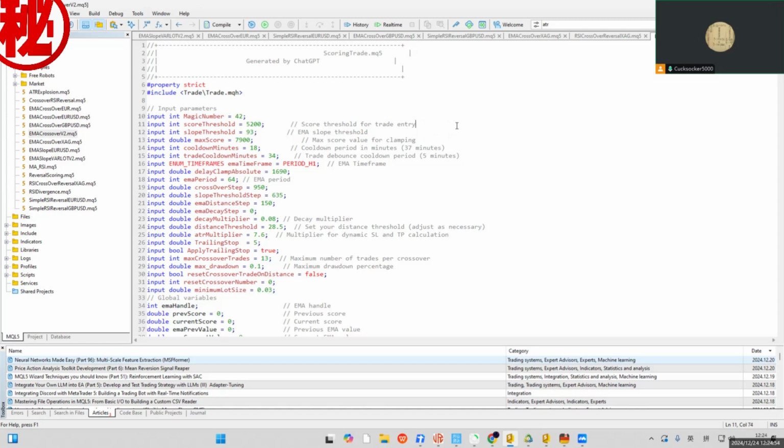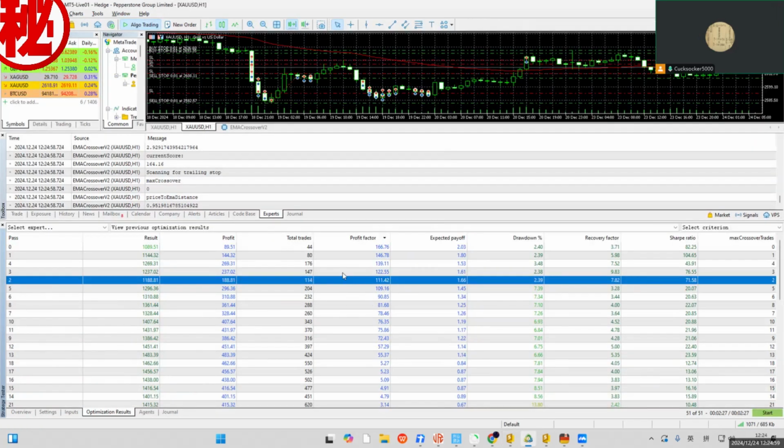As far as I tested, as you can see, it has an insane profit factor, 166.76 for 44 trades per year. It has a win rate of 99%. The Sharpe ratio is also crazy because you're not placing that trade over the max crossover.